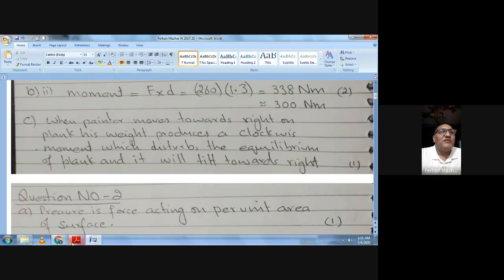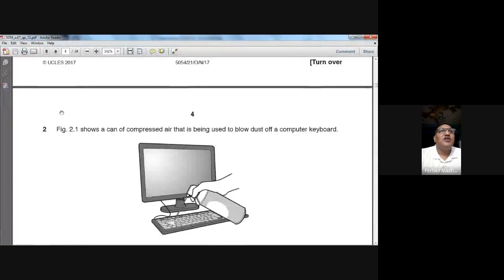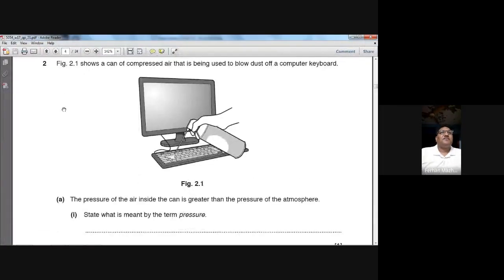Okay, students, we are moving to the next question, which is question number 2 on your screen. Figure 2.1 shows a can of compressed air that is being used to blow dust off a computer keyboard. The pressure of the air inside the can is greater than the pressure of the atmosphere.